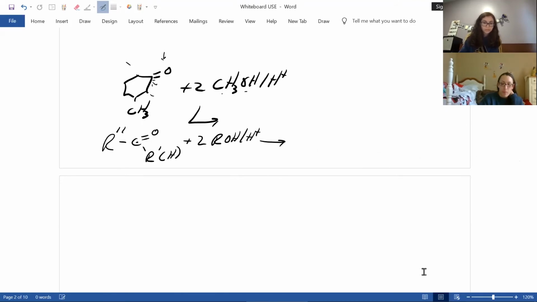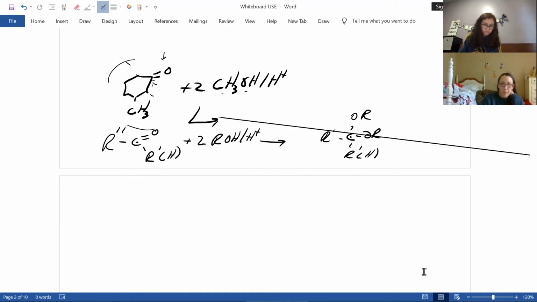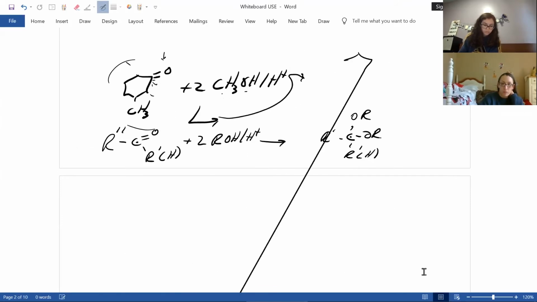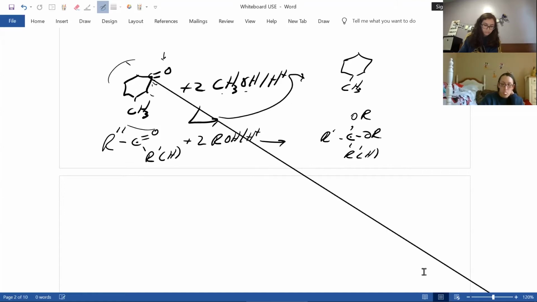Keep your eye on the carbonyl carbon. Remember, you don't break carbon-carbon single bonds, so what's attached to it is still attached to it. You'll have two oxygens on this carbon, and each one gets the R group from the alcohol. So what's my R and R prime? The whole ring. So let me come over here, give myself a little more space. Now, which carbon had the carbonyl?